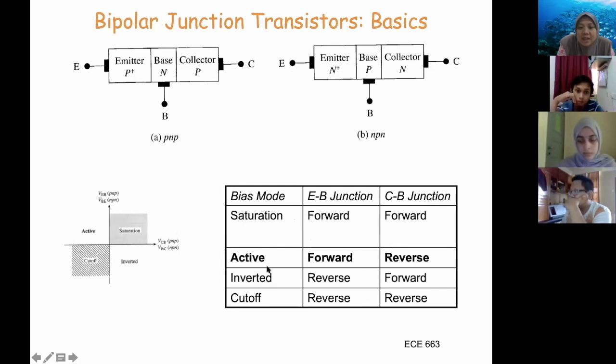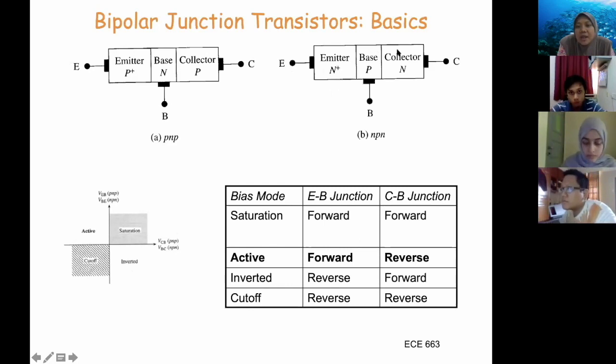There are three, four modes here, because inverse is the inverse of the active. So you have the saturation mode, the forward active mode, and the cutoff. Saturation mode is where you forward bias both junctions. Remember this is NPN, which is easier.